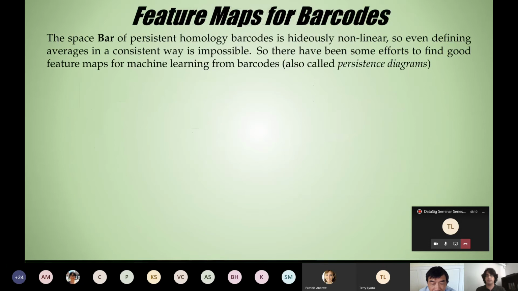And as you might imagine, with the resurgence, or maybe let's just say enormous amounts of attention that deep learning has been getting over the last, I want to say, decade now, there's been an enormous amount of activity trying to feed these barcodes into neural networks, which really requires a vectorization.